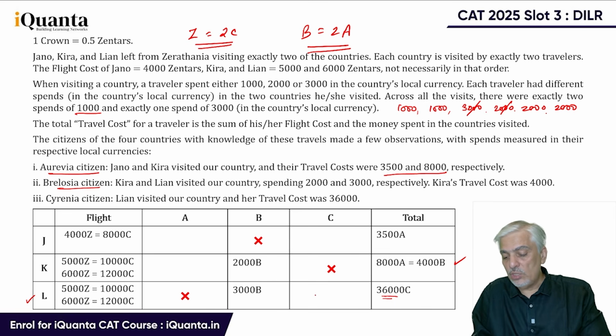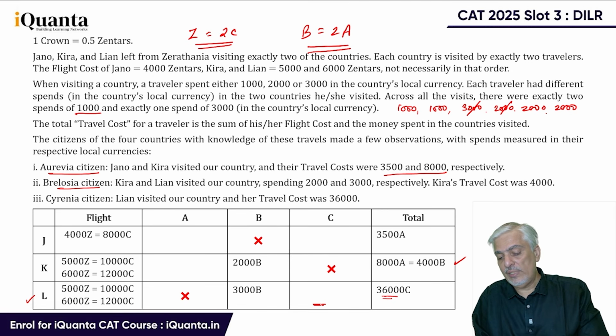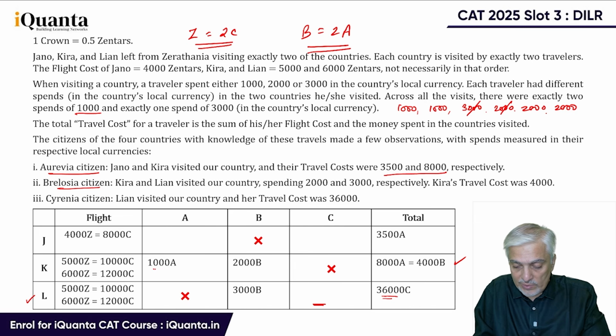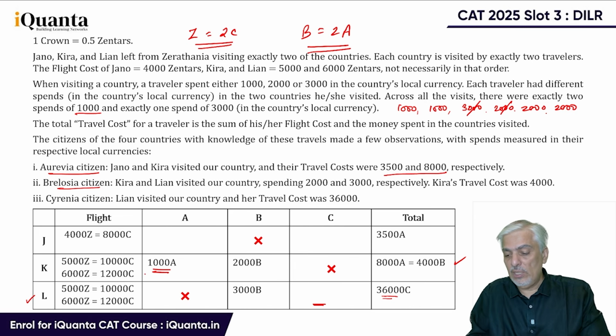So 1 2,000 will have to come over here because everybody has to have 1 2,000. So that 2,000 will definitely come over here, right? And 1,000 will definitely come over here because both the 1,000s can't come in the first layer. We can't have a 1,000 over here because everybody has to have 1 2,000. So 1,000 A will come over here and 2,000 C will come over here.